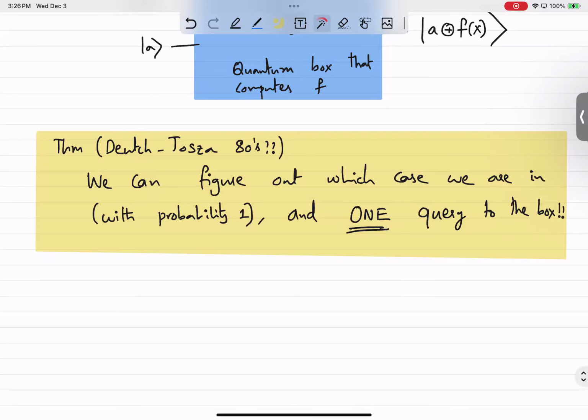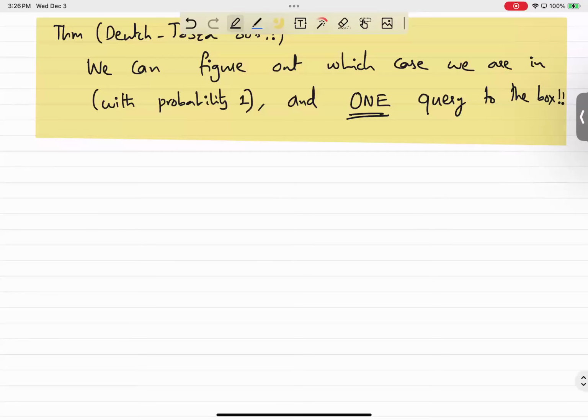Okay. So there are several such examples where you get significant quantum advantage. There's something called Grover's search algorithm, where once again you get a speed up in the quantum world compared to the classical world. Okay. So these are some of the reasons why we really care about quantum circuits.